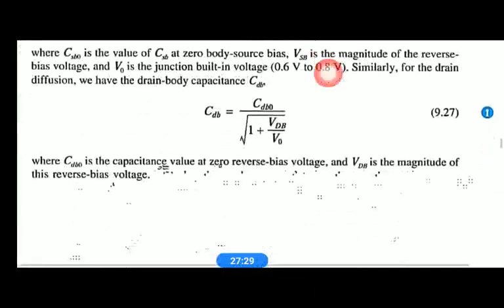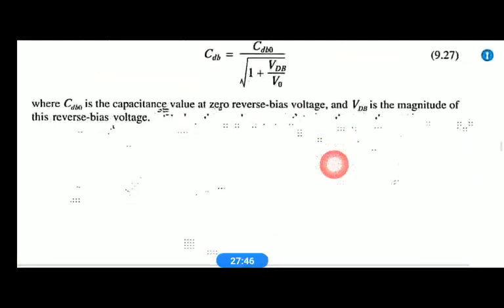Similarly, CDB is equal to CDBO divided by the root of 1 plus VDB by V naught. This is the capacitance between body and drain, and this is all about the capacitive effects present in the MOSFET, considered when we apply a high frequency input signal.